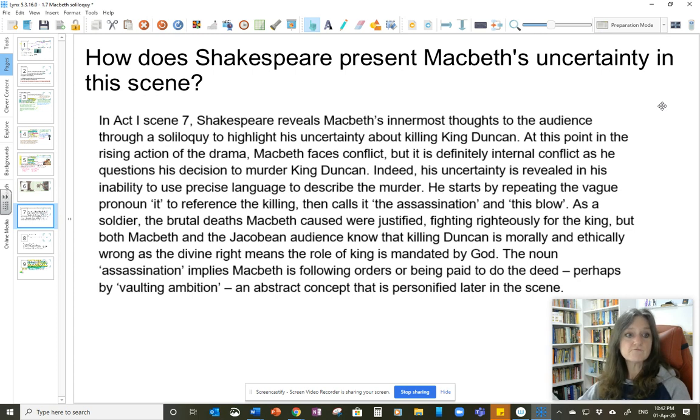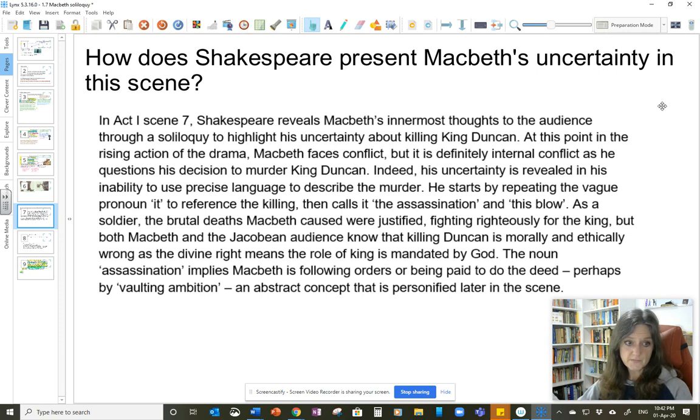At this point in the rising action of the drama, Macbeth faces conflict, but it's definitely internal conflict as he questions his decision to murder King Duncan. Indeed, his uncertainty is revealed in his inability to use precise language to describe the murder. He starts by repeating the vague pronoun 'it' to reference the killing, then calls it 'the assassination' and 'this blow'.